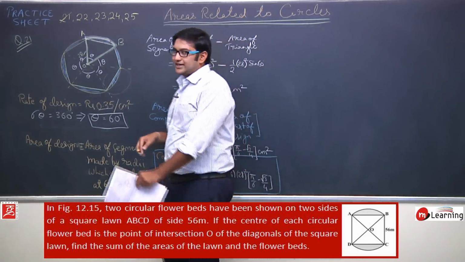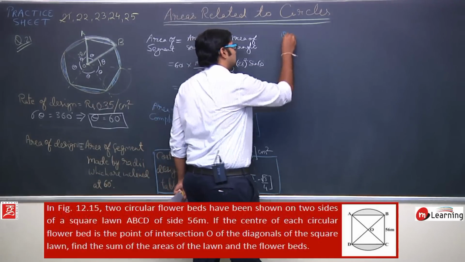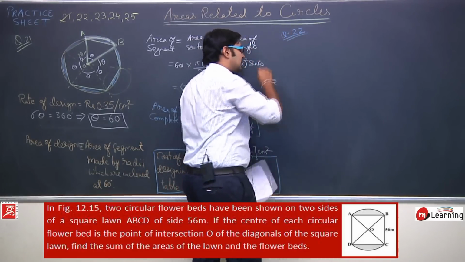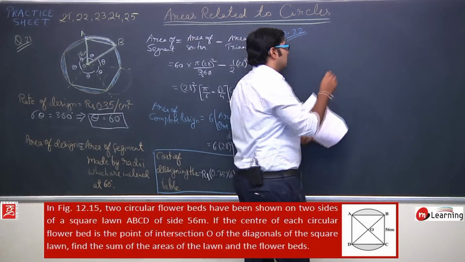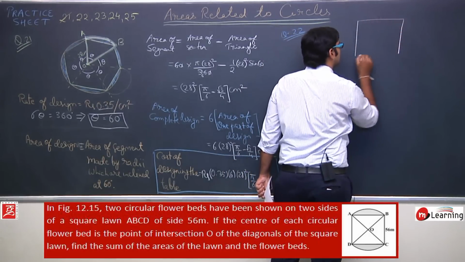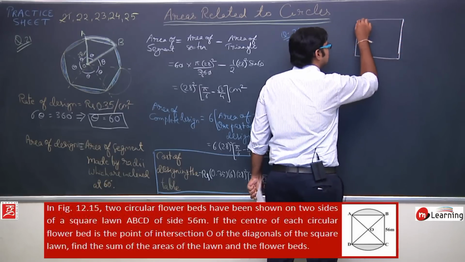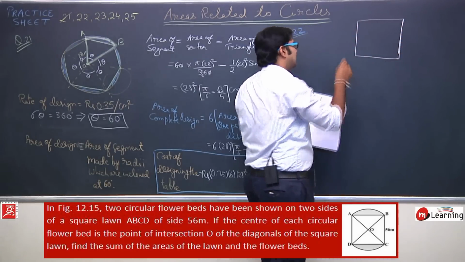So what it says is, there is a rectangular lawn like this. This is the lawn ABCD.